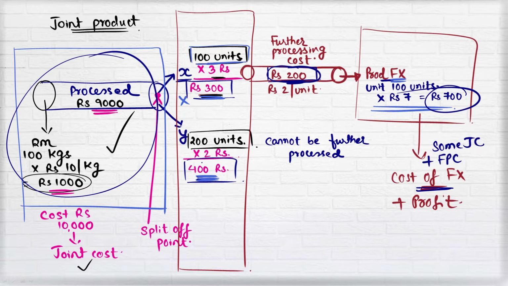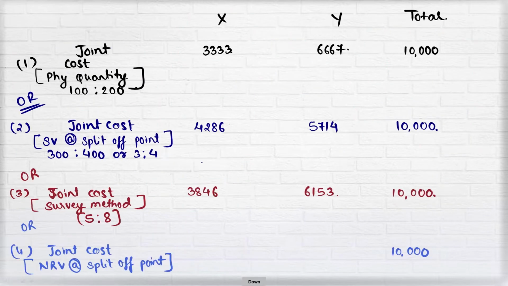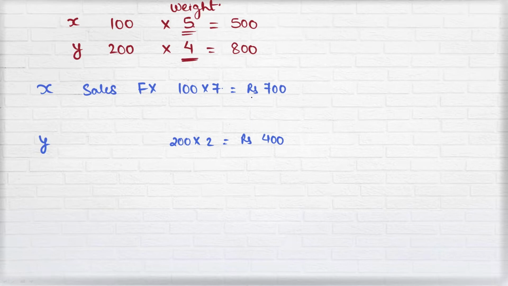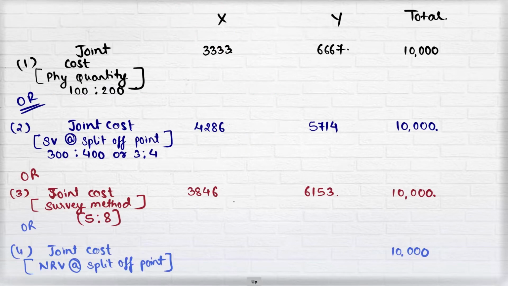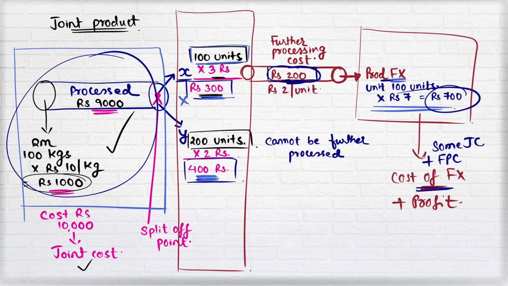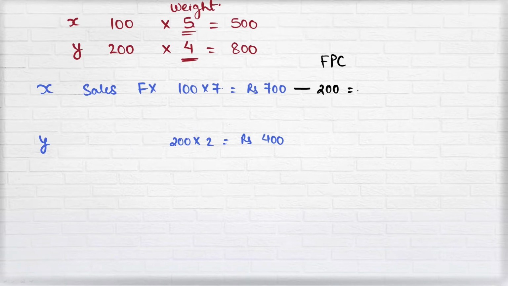So what we will be doing is this. Try to concentrate. From this, we will be reducing further processing costs. What is further processing cost in case of FX? Only further processing cost. It is how much? 200.